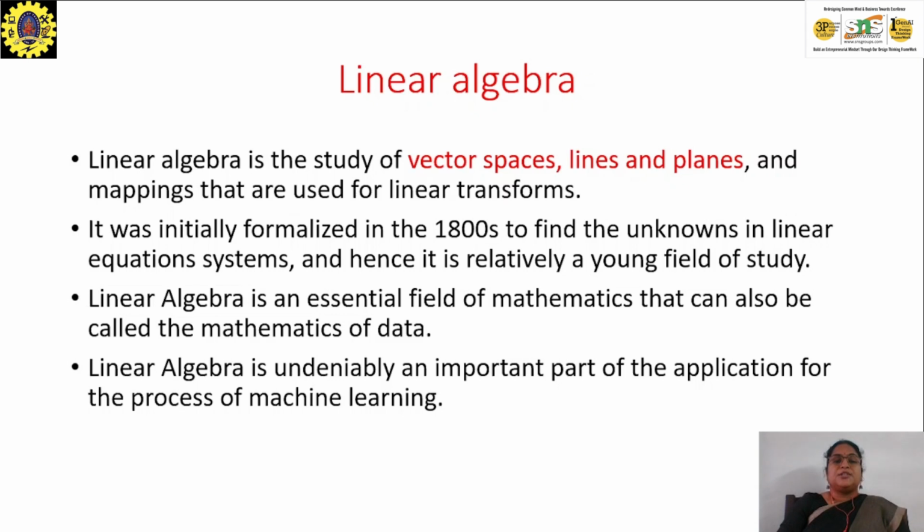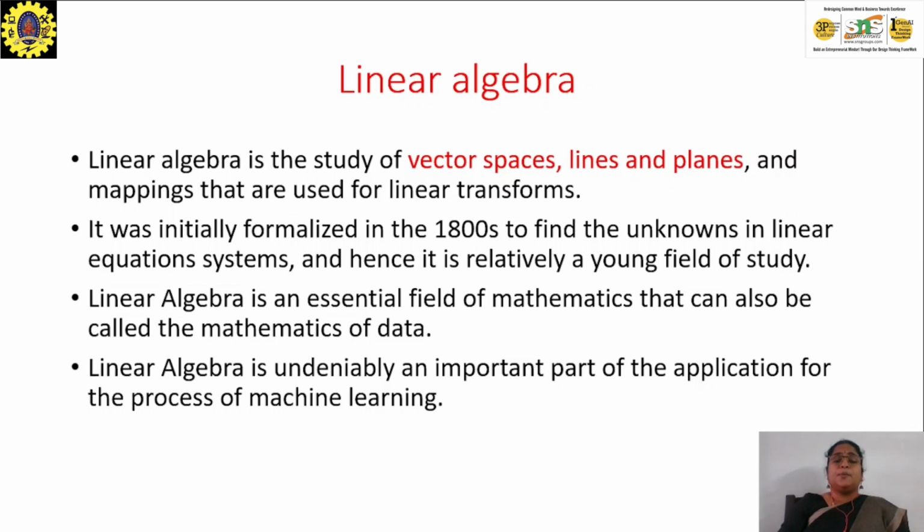Linear regression has two classifications: simple linear regression and multiple linear regression. When we predict the element with only a single independent variable, it is simple linear regression. When you predict the element with more than one independent variable, it is said to be multiple linear regression. So mainly linear algebra helps with linear transformation.